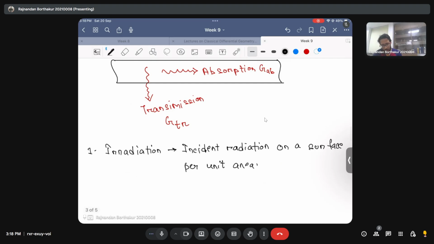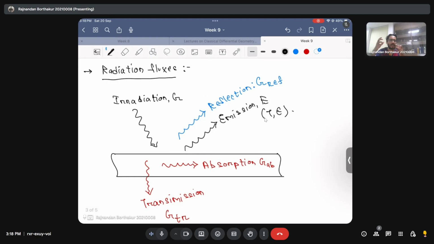Okay, so what irradiation says is that you can think of it like there is a surface, let's say the surface is at some arbitrary temperature T. Whatever the radiation fluxes emitted by all other surfaces, which are like a surrounding to the considered surface of interest, the radiations from the surroundings that fall on the surface are known as irradiation.